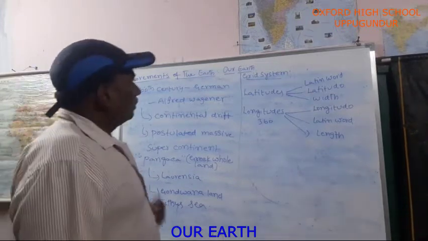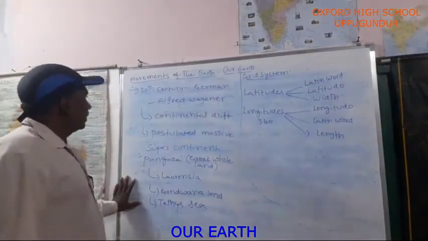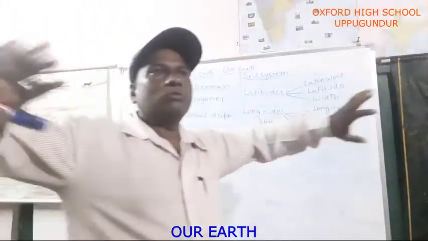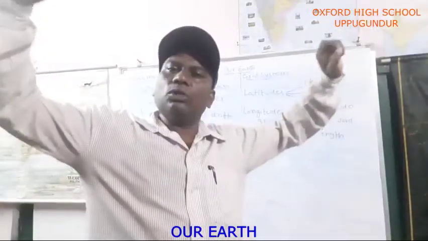Then now I will explain to you regarding the grid system. Do you understand this one? Regarding continental drift theory, it explains that continents are constantly moving. Even now, continents are slowly moving.